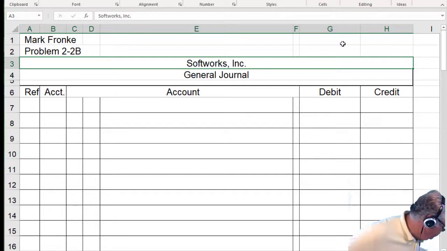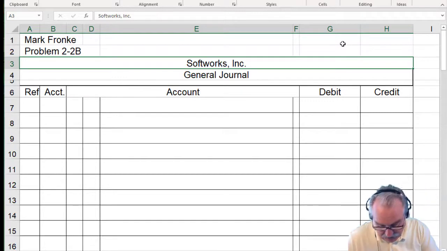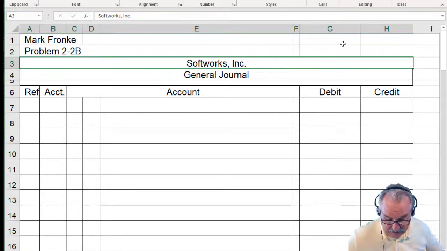And the first transaction says, Bernadette Grekus invested $65,000 cash, office equipment with a value of $5,750, and $30,000 of computer equipment in the company in exchange for common stock. So she issued common stock to herself for these assets.